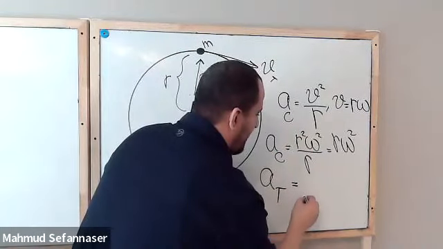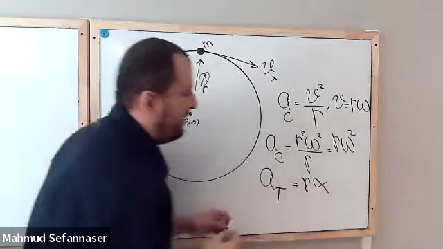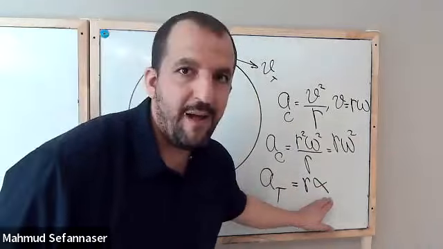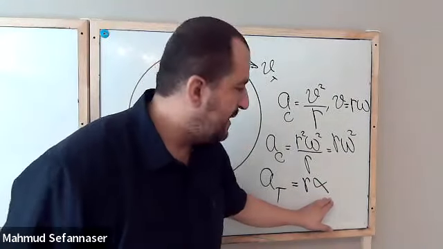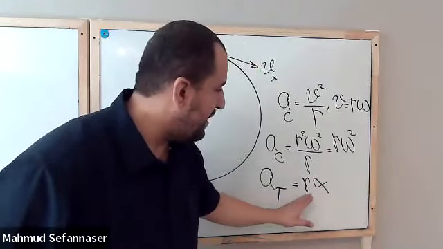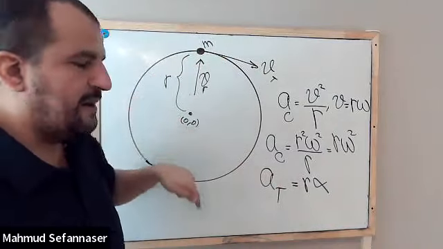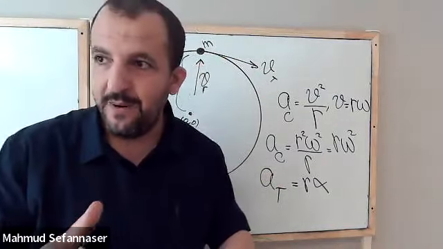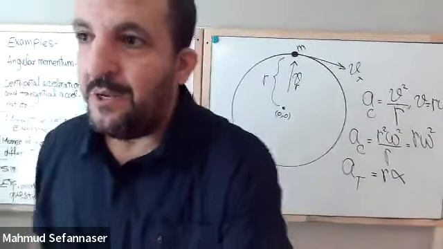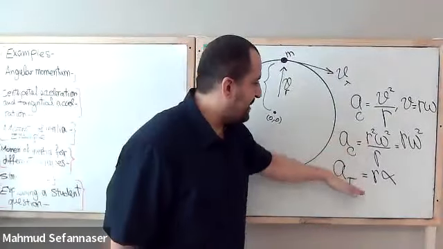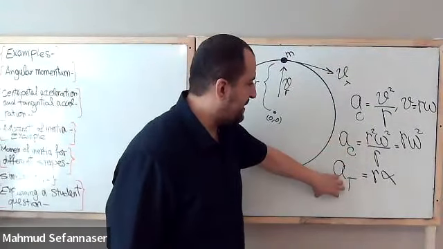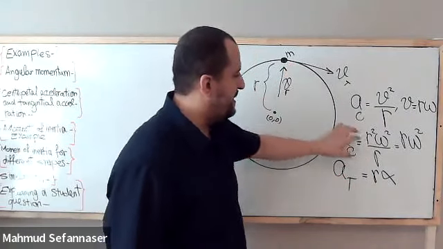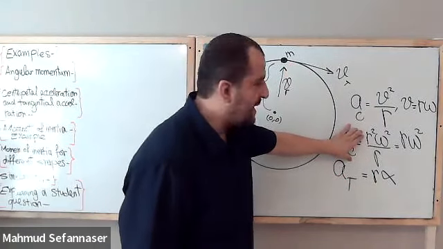So that's equal, guys, to r alpha. What is alpha? Alpha is the angular acceleration, and r is the radius of this circular path. Okay, that's very nice. So now we have two accelerations, tangential acceleration for this center of mass and centripetal acceleration.